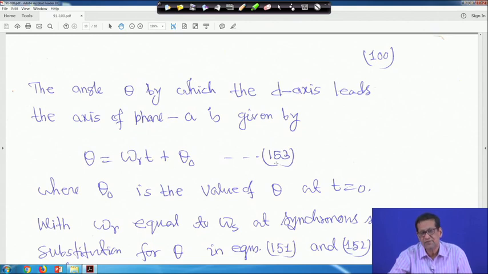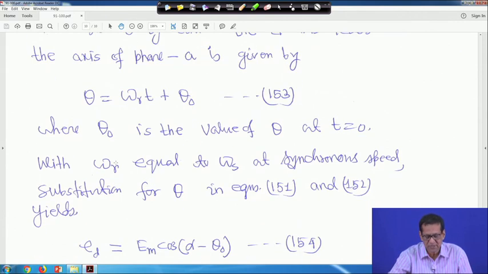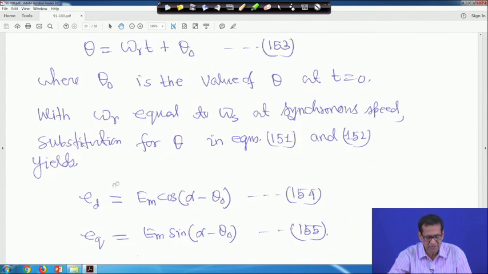This is equation 153, and theta 0 is the value of theta at t equal to 0, right. Now, with omega r equal to omega s, because the machine is running at synchronous speed, substitution for theta in equations 151 and 152 will give ED equal to EM cos alpha minus theta 0.